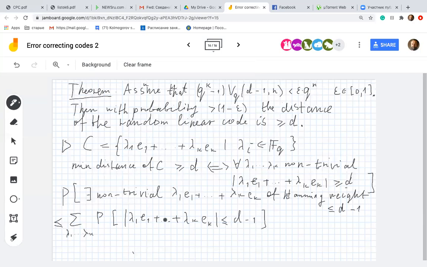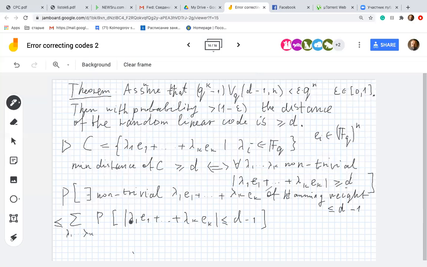To compute this probability, we need to understand what is the distribution of such a sum, lambda 1 e1 plus ... plus lambda k ek, where we assume that all ei are chosen with uniform distribution. So ei are chosen in F_q to the n with uniform distribution, and they are independent.